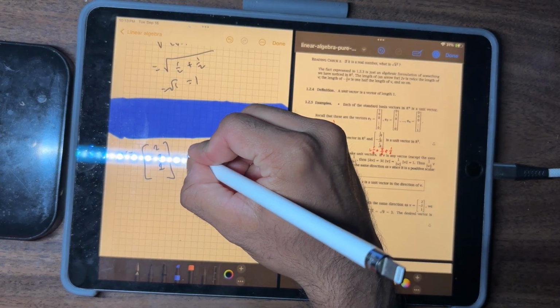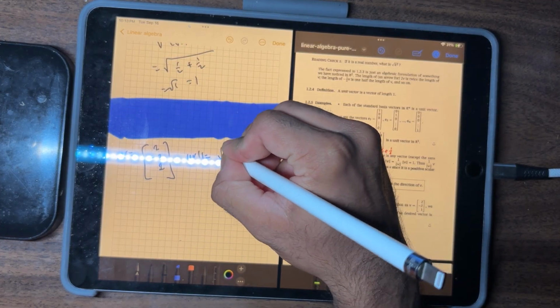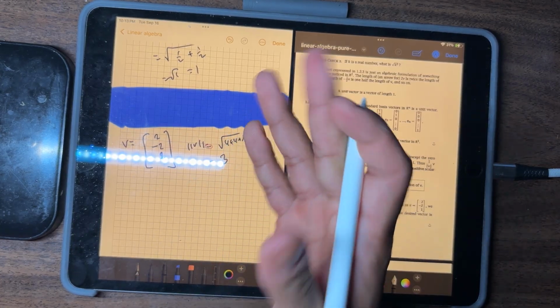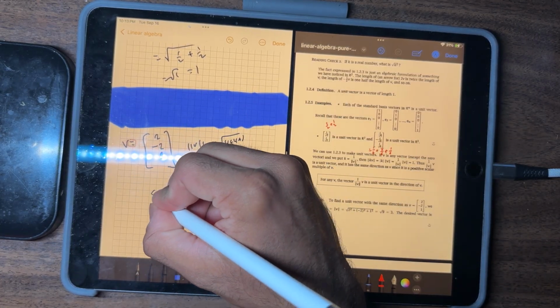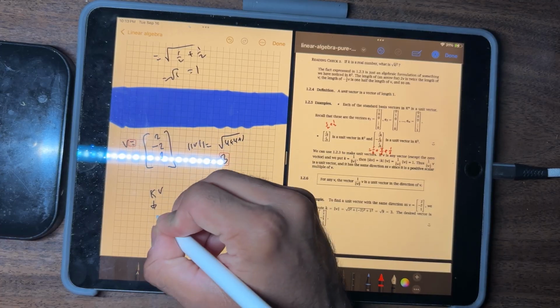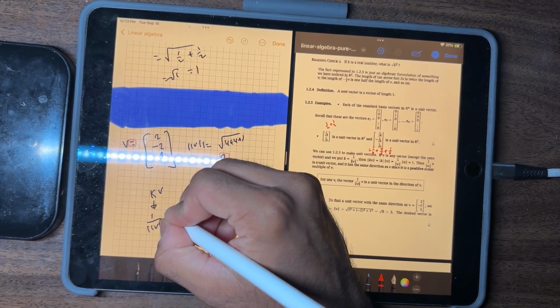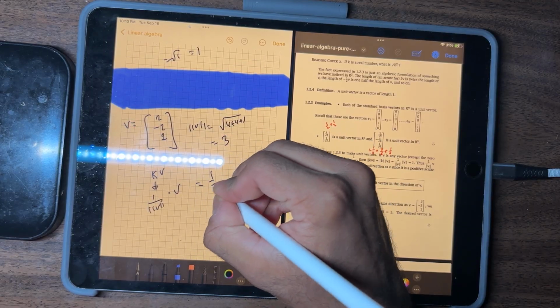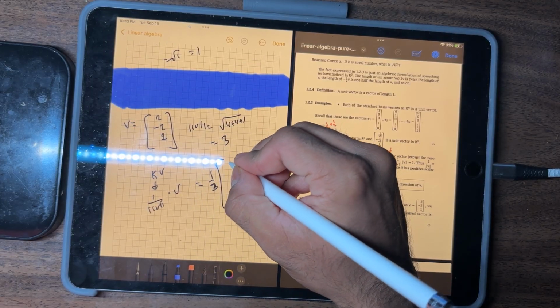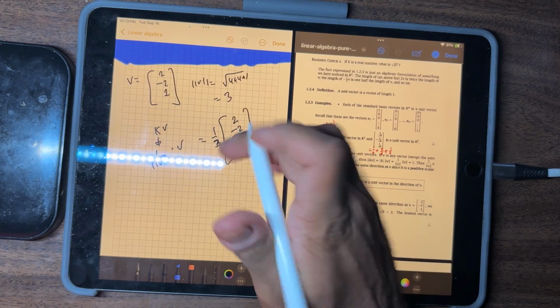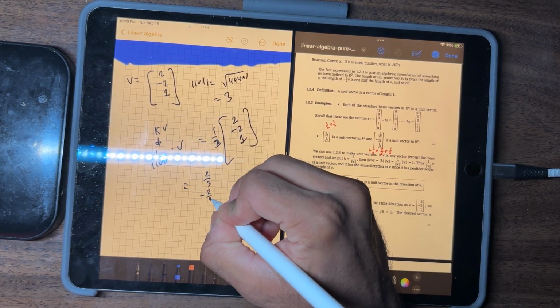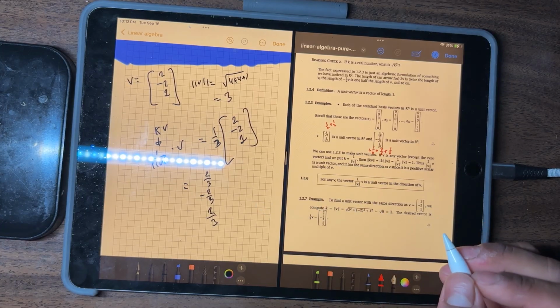So I can simply write the magnitude of v as root of 4, 4, 1, which is 3. And so if I want to find the unit vector, this k would simply be 1 by magnitude of v times v, which would simply be 1 by 3 times the vector 2, minus 2 and 1, which then leads to 2 by 3, minus 2 by 3 and 1 by 3.